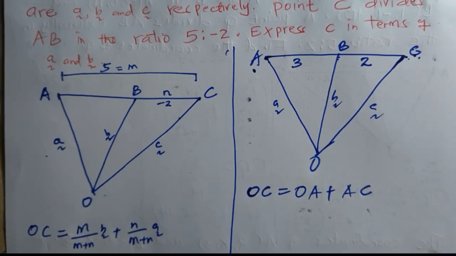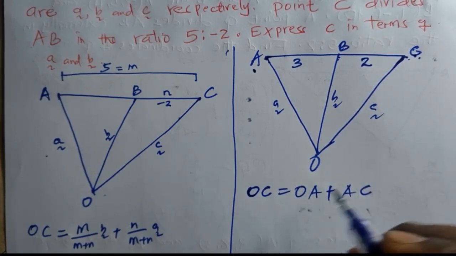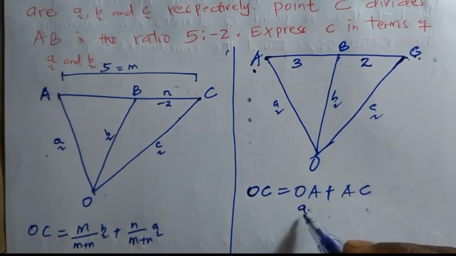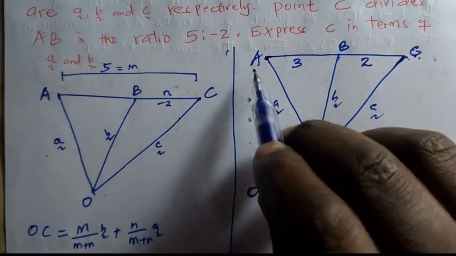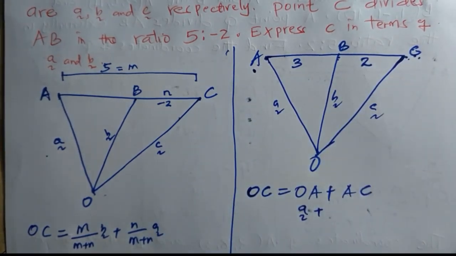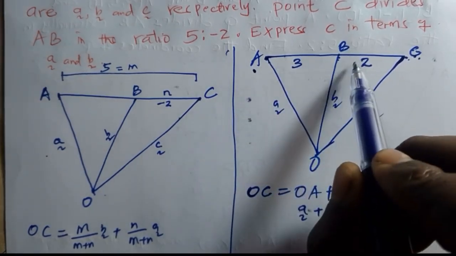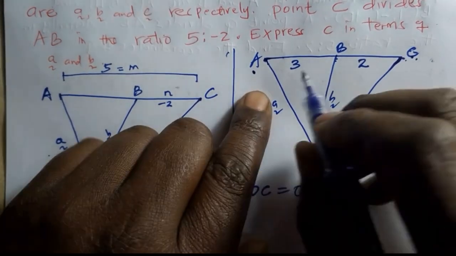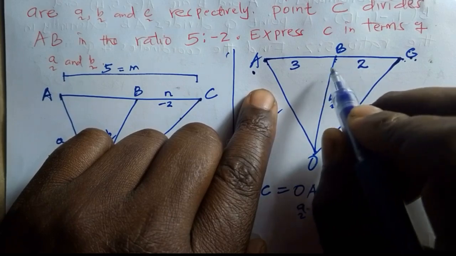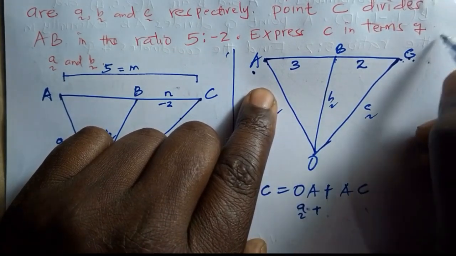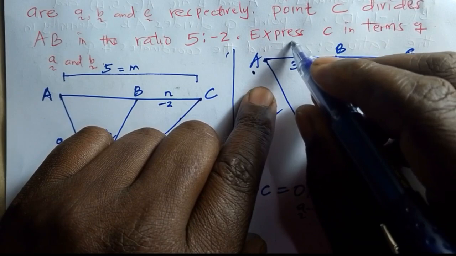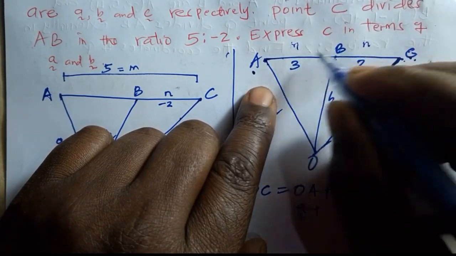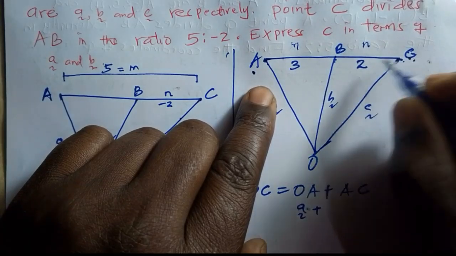Therefore, we know OA is vector a, plus AC. But what is AC? That is where you need to understand. Remember, this was minus 2. For as long as it is external, this is negative. So the total M plus N here is not going to be 5.